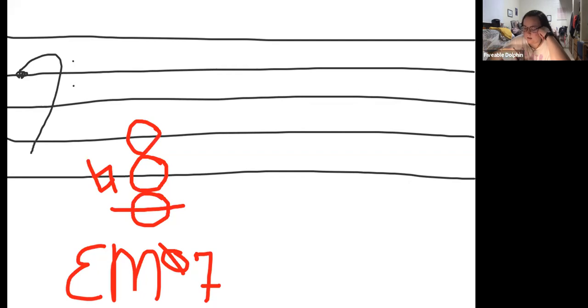That's not good, that one. Then we have a B. What's this B gonna be? B natural, B flat. If it's a diminished triad, we lower both the third and fifth, so this is going to be a B flat.